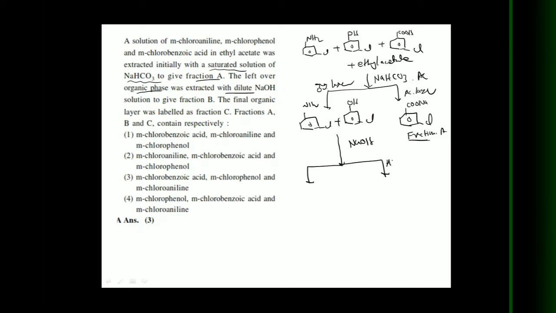The phenol is soluble in NaOH and is converted to an ionic compound, so it is fraction B. The compound present in the final organic layer is fraction C. So the answer is metachlorobenzoic acid, metachlorophenol, metachloroaniline. It is a solvent extraction method.